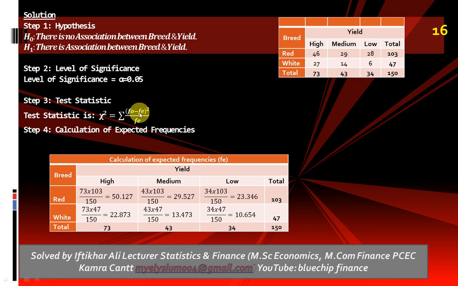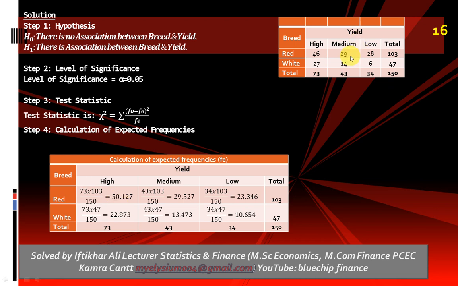And we need an expected frequency for each observed frequency. For example, if we want to calculate the expected frequency for 46, how can we calculate it? Row total multiplied by column total divided by subtotal. So 103 multiplied by 73 divided by 150, as you are seeing here, 50.127. So for observed frequency 46, the expected frequency will be 50.127.